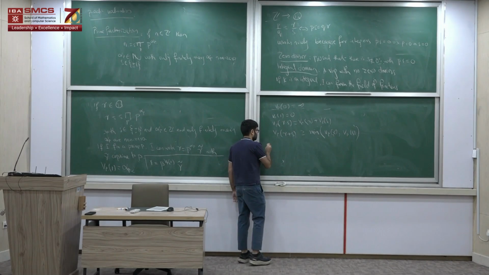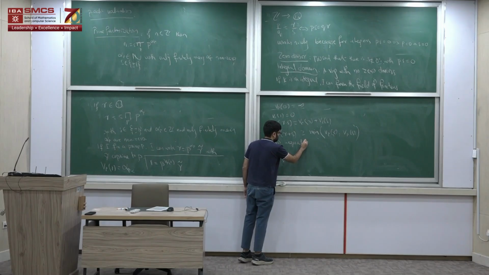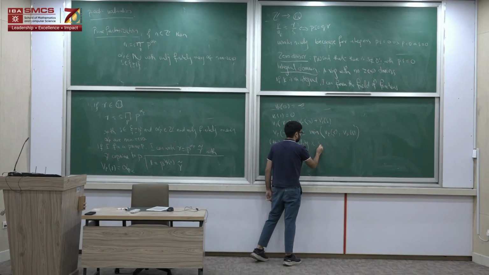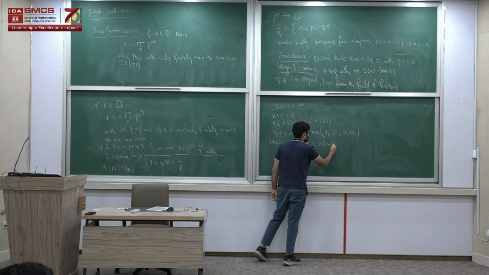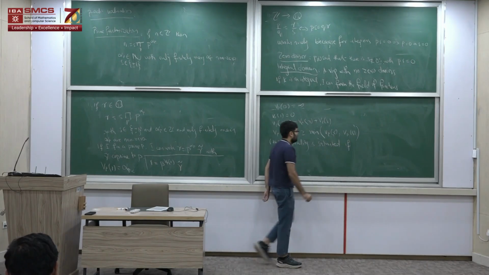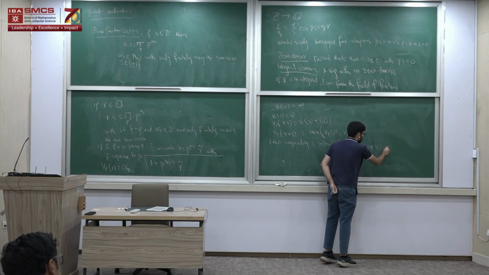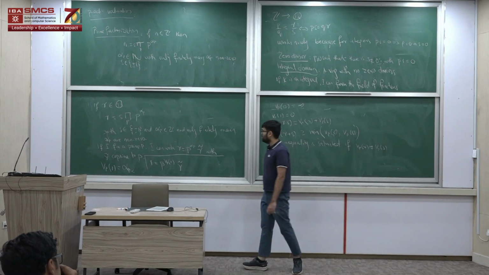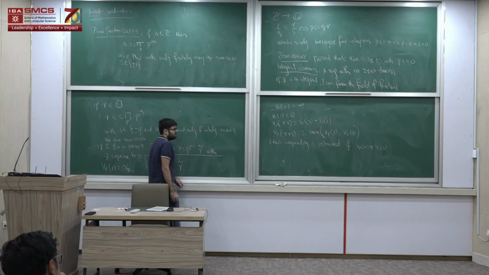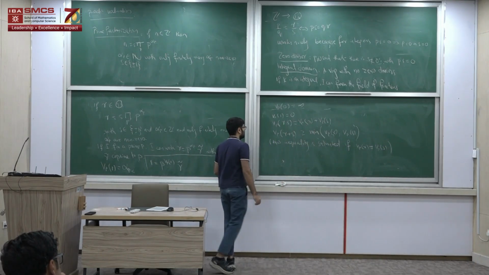And this inequality is saturated if the valuation of r is not the same as the valuation of s. So in this case they have different factors. Let me just try to work out why that is the case.